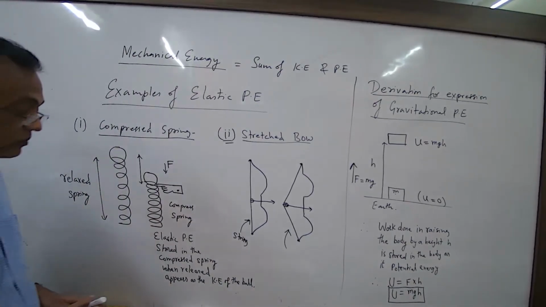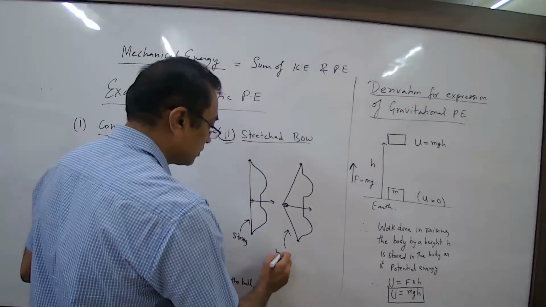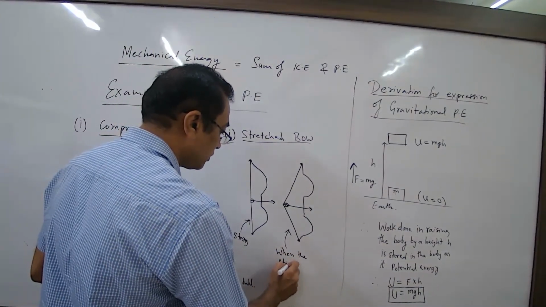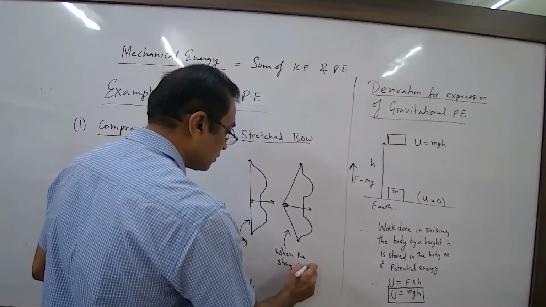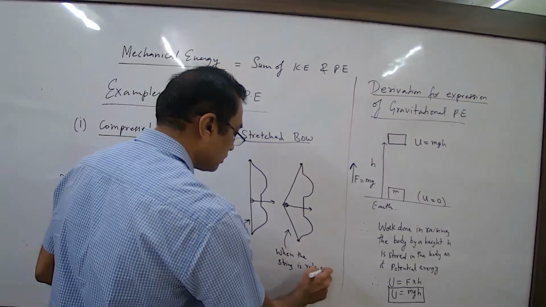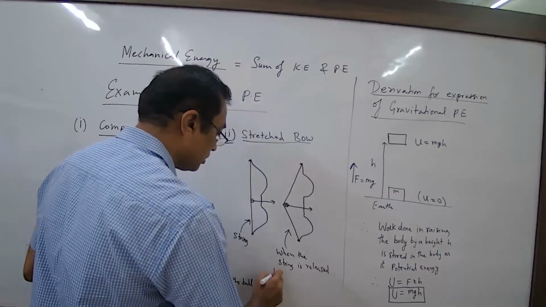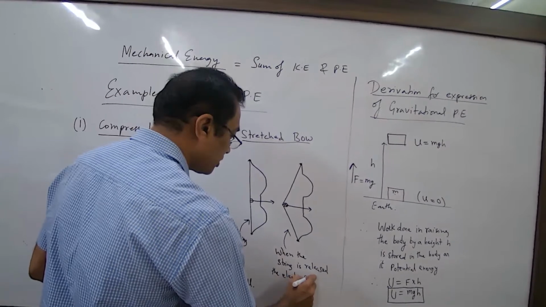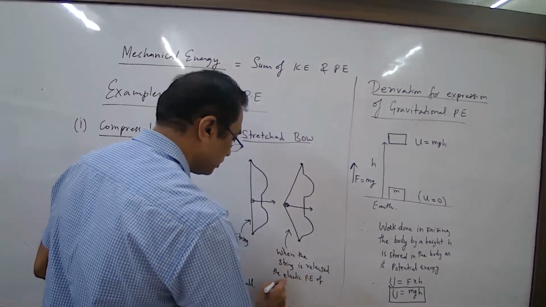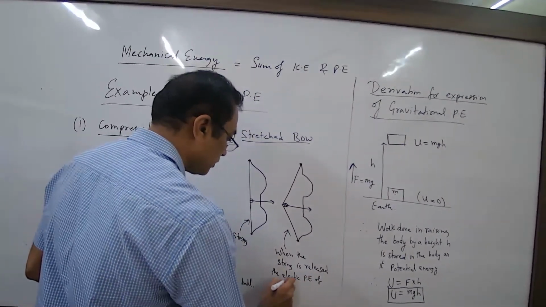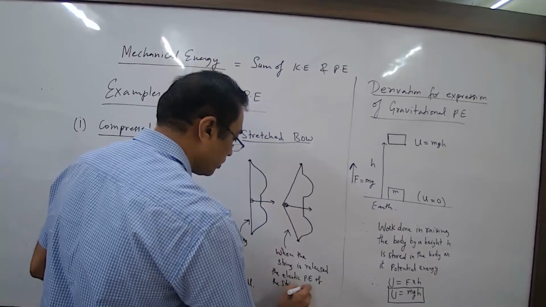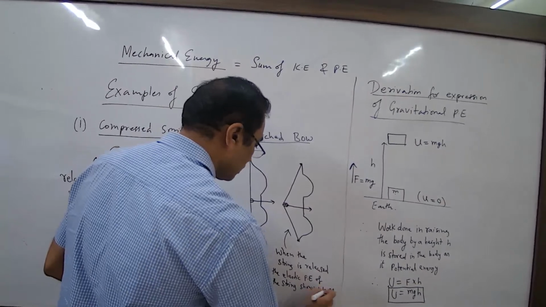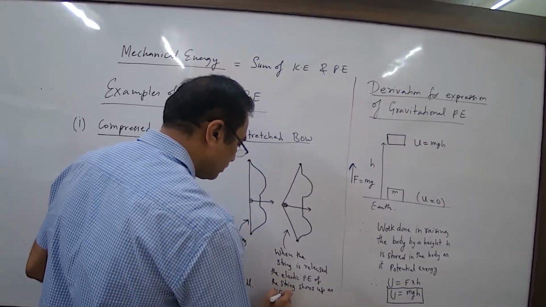Here also, when the string is released, the elastic potential energy of the string shows up as kinetic energy of the arrow.